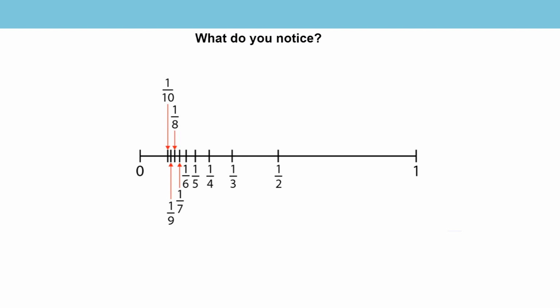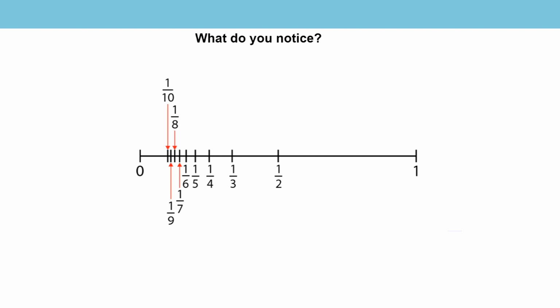What do you notice about all these fractions? If you spotted that the one with the greatest denominator is closest to 0, you would be accurate, so well done. The one furthest away from 0 is the one with the smallest denominator. So we go back to our generalisation. The greater the denominator, the smaller the fraction.